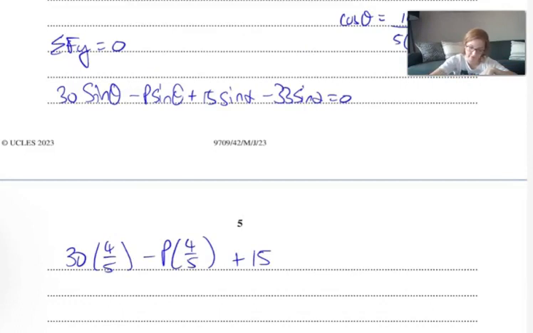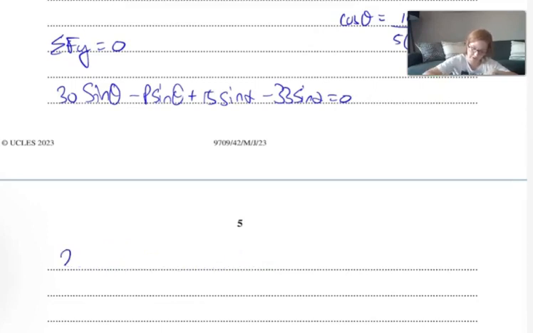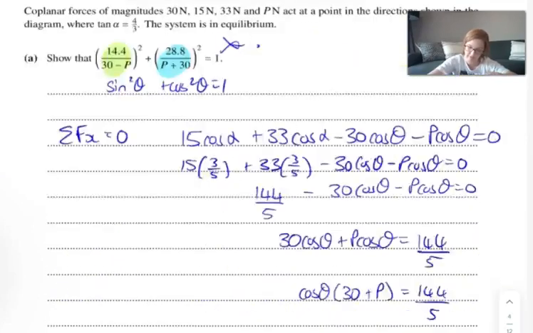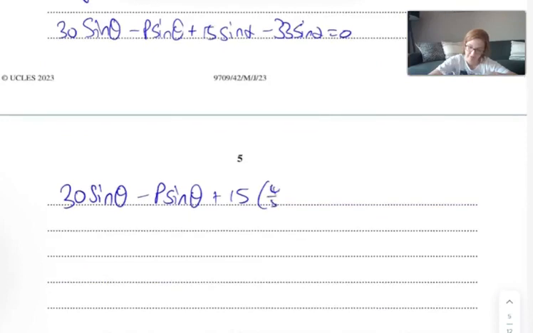Oh dear, okay. So sine thetas. Okay, so 30 sine theta minus p sine theta plus 15, and then we said sine alpha is 4 over 5, minus 33 times 4 over 5 is equal to 0.